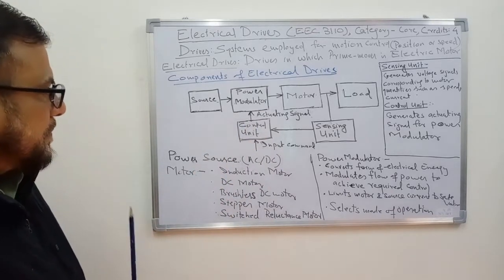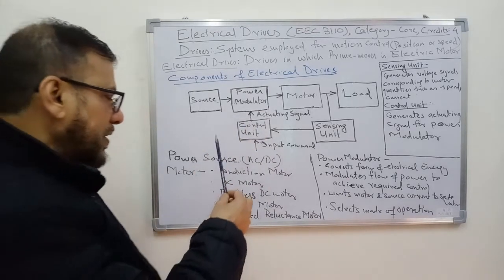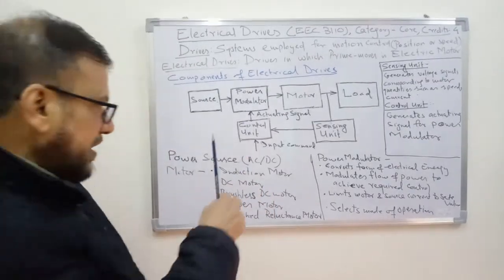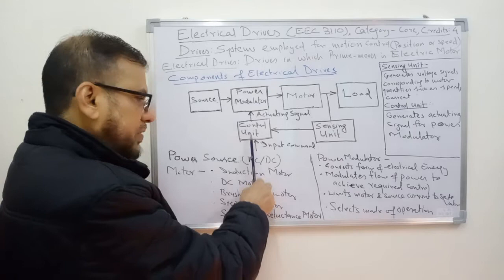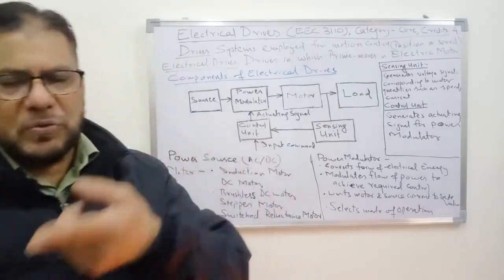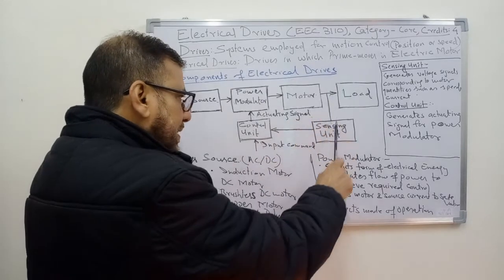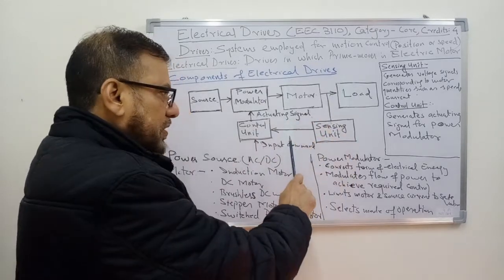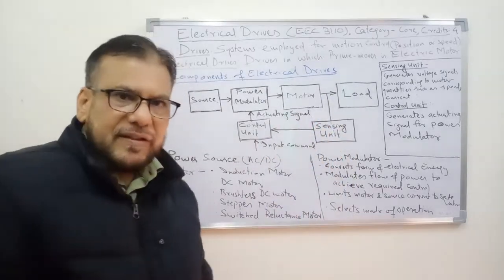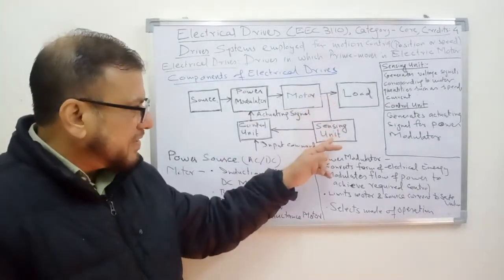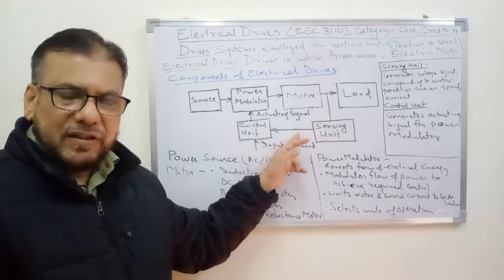For example, you want to run the motor at say 1000 rpm. You give a signal from here, say about 10 volt. 10 volt corresponds to say 1000 rpm, and the signal coming from the sensing unit is a voltage signal corresponding to the speed. Suppose the motor speed is 900 rpm and this is generating a 9 volt signal here.